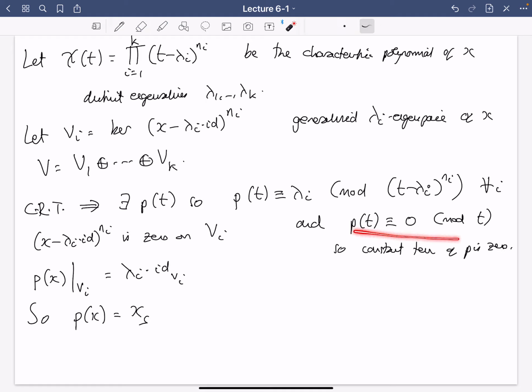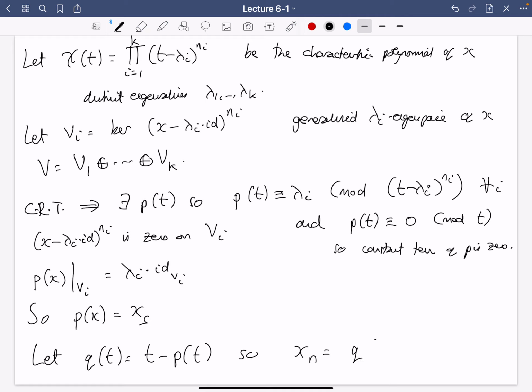And there's absolutely no harm imposing this extra one, even if 0 was an eigenvalue. This doesn't contradict the earlier congruence required. That's for free, and that forces the constant term to be 0. And then finally you let q of t be t minus p of t. And then xn, the nilpotent part, is just q of x, right? So that finishes the proof.